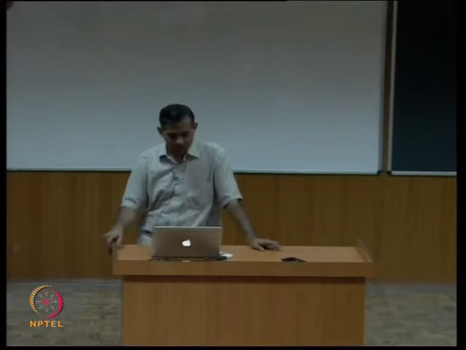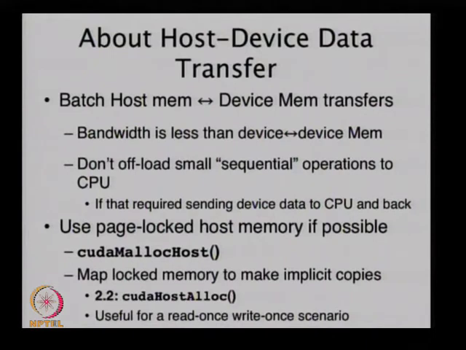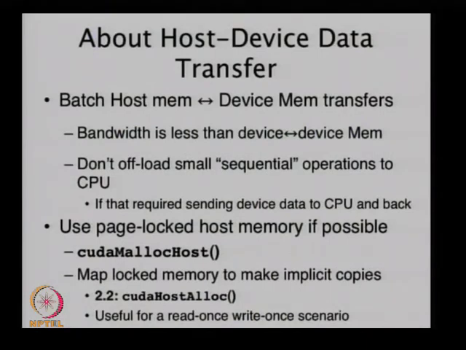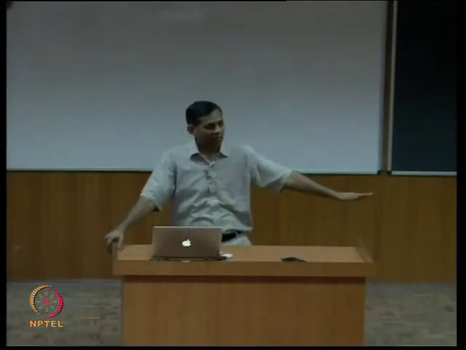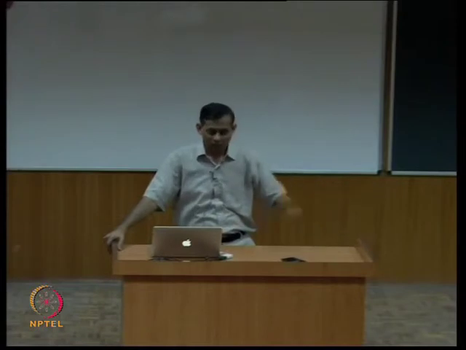Okay, in terms of memory transfers, typically we've seen this, right? You copy stuff into the CUDA device, you do the computation, you copy stuff out. What you want to do is copy all the stuff in one call, and copy all the stuff out in one call.